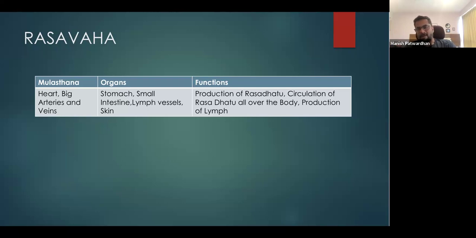Am I being clear here? So this process of conversion of ahara rasa, the nutrient fluid, into rasa dhatu happens in its channel, in its srotas.